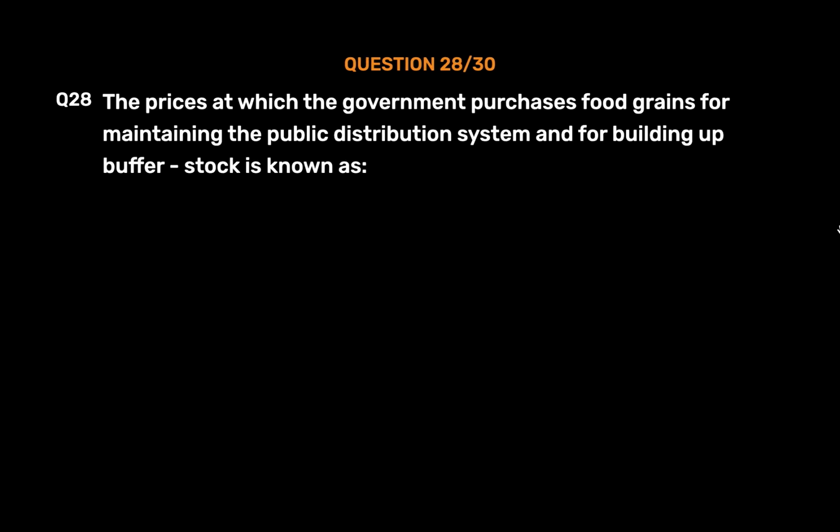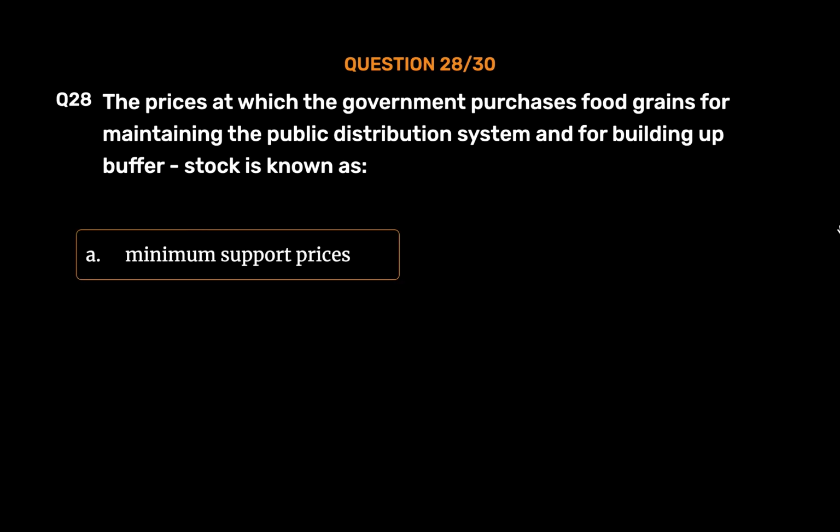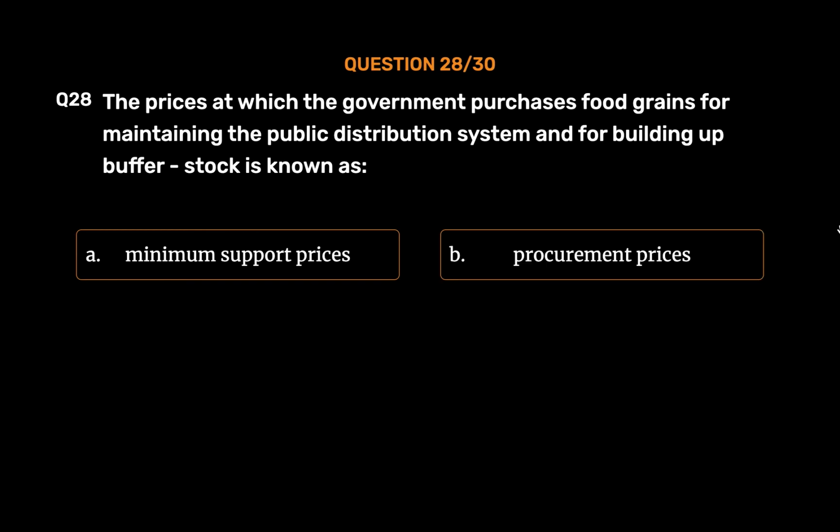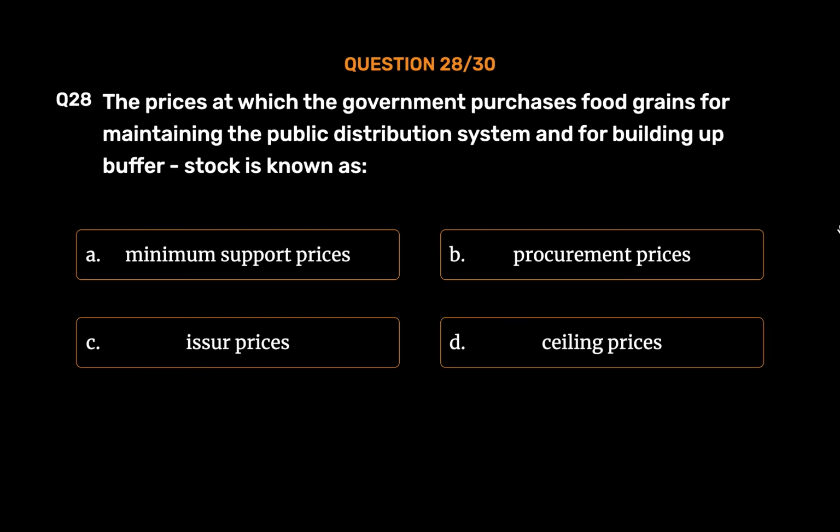Question number 28. The prices at which the government purchases food grains for maintaining the public distribution system and for building a buffer stock is known as Option A. Minimum support prices. Option B. Procurement prices. Option C. Issue prices. Option D. Ceiling prices.